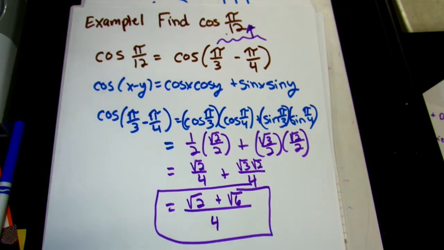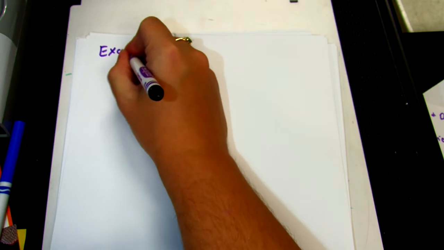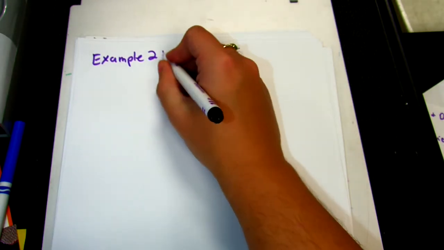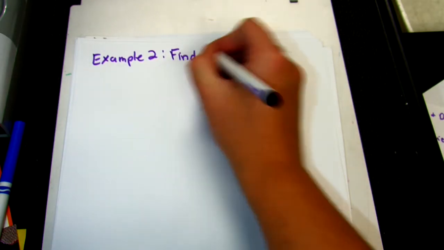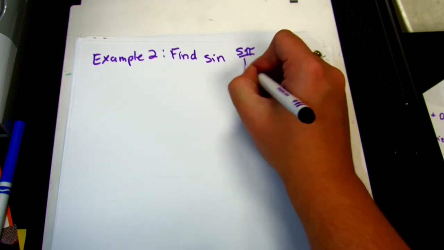Awesome. All right, let's do another example. So this will be example 2. Example 2 says, find sine of 5 pi over 12.